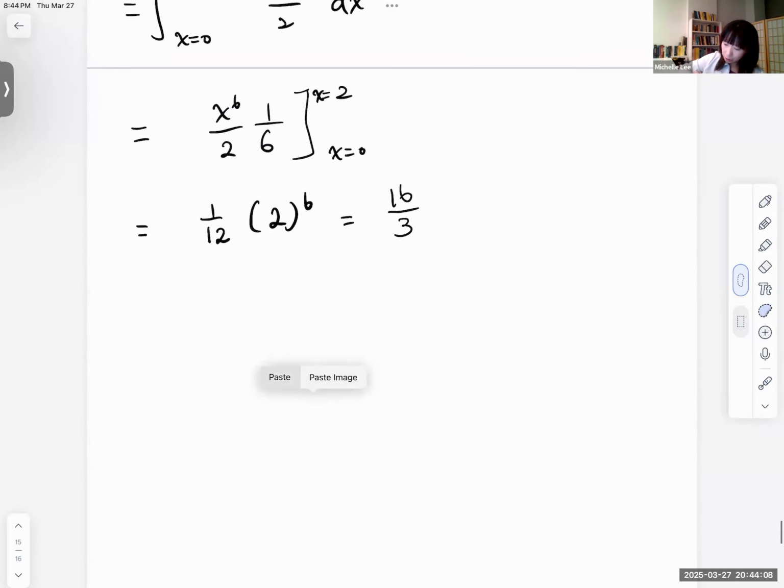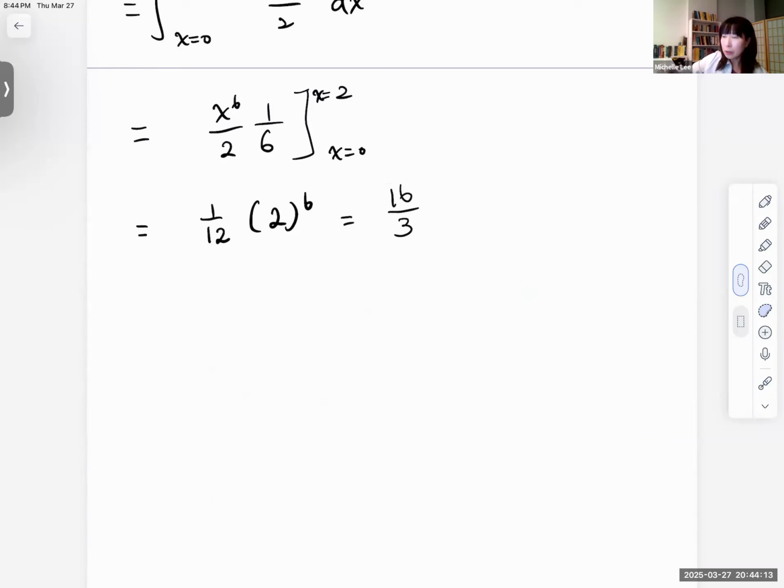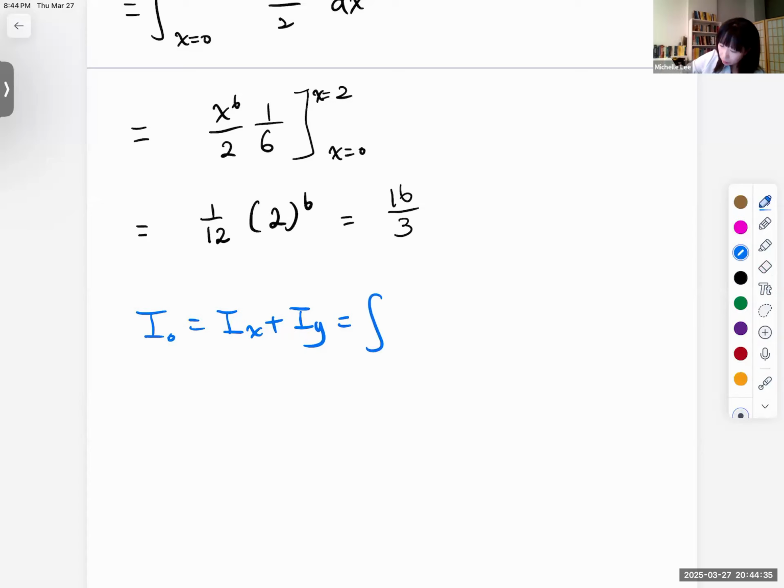All right. So I should write it down. We have the moment of inertia about the origin. So we have I sub x, I sub y equal to the double integral of x squared plus y squared, or x, y, dA.